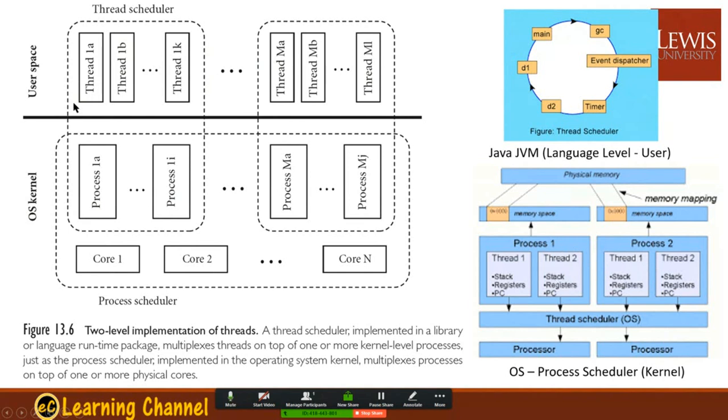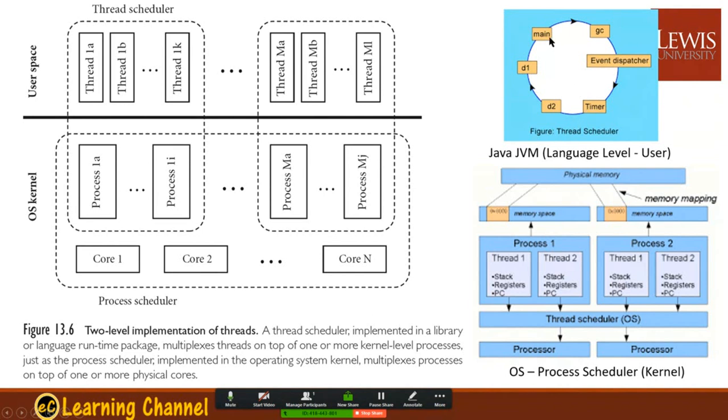And sometimes there is another process, and a process will own these different threads. So there's a scheduler from thread to process, and then a scheduler from process to CPU as well. That's called two-level implementation for threads.